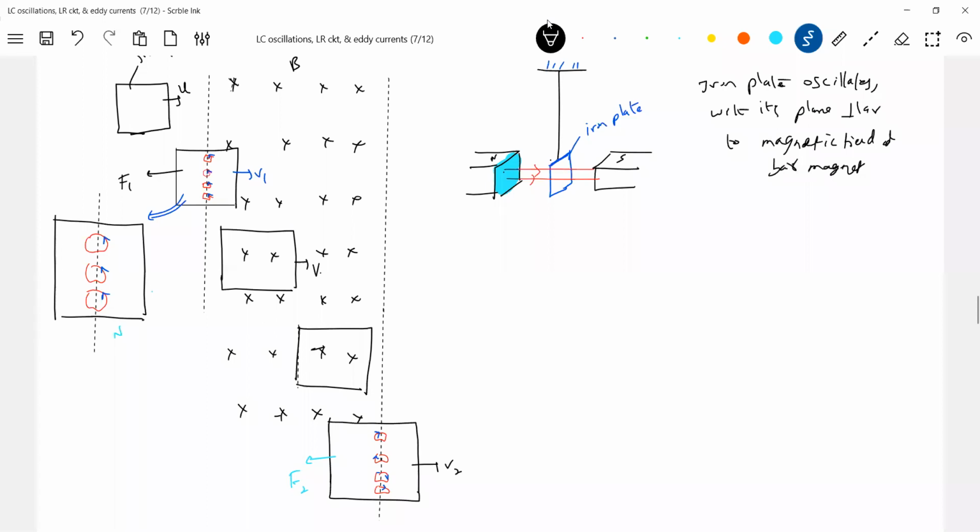Okay, now try to see. What is the type of oscillations it will be? Damped oscillations or undamped oscillations? It will be damped oscillations. So I'll just show a plain diagram. This is a loop.